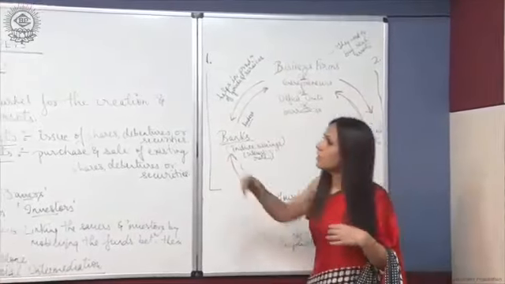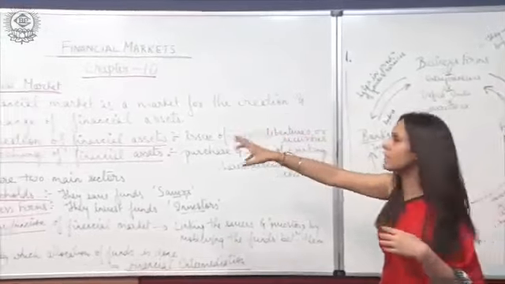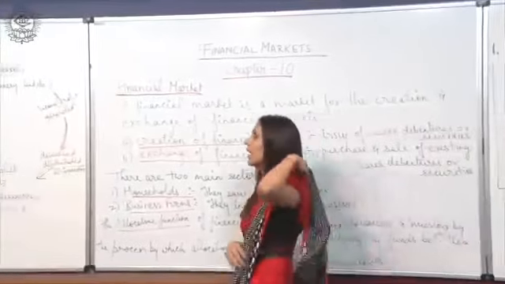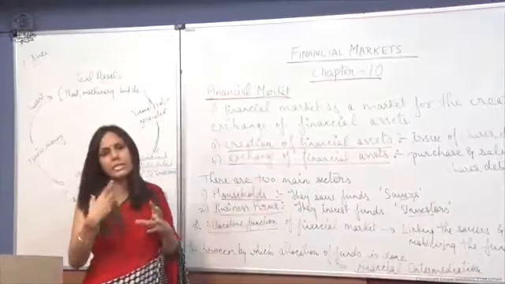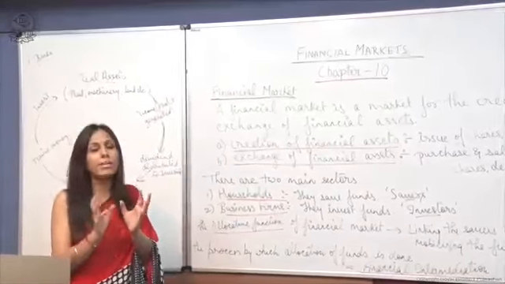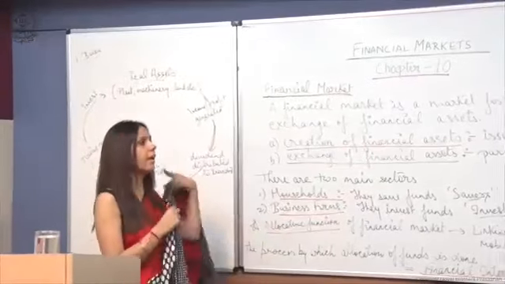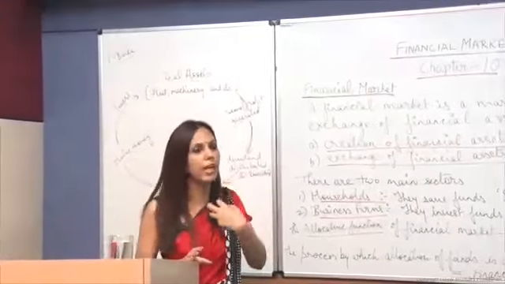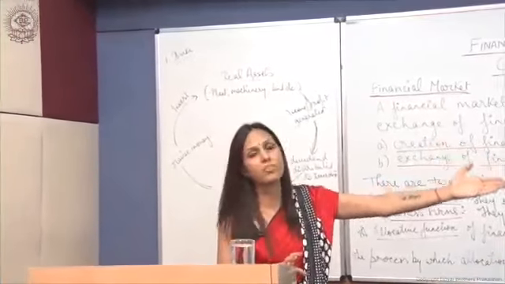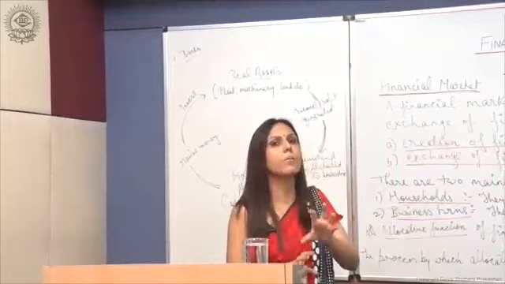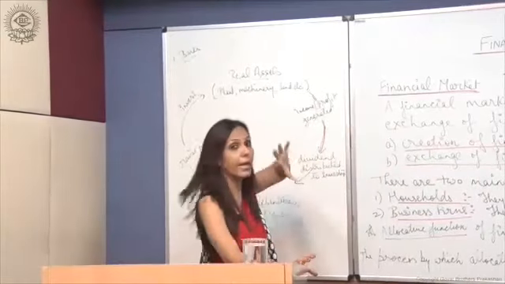Now one more thing I would like you to understand: how a particular company utilizes its money. The fund which they raise through the banks or the financial market, they utilize to buy real assets.